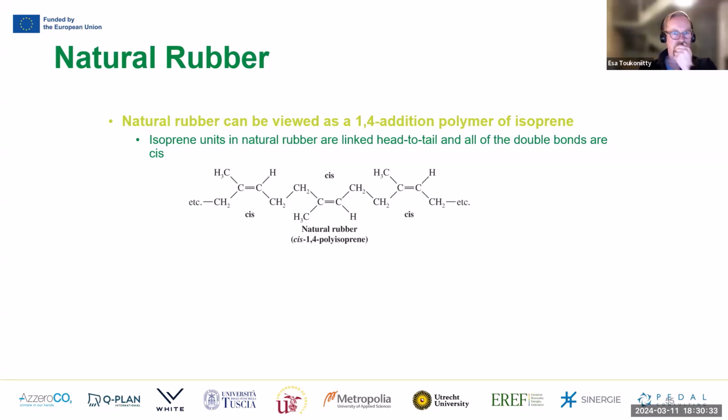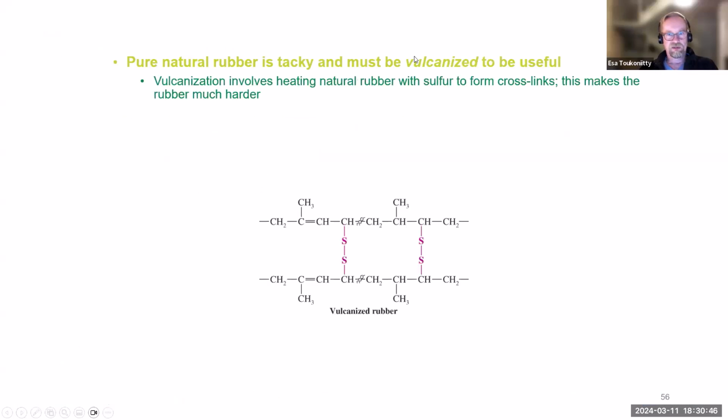And here this polymeric chain is more or less represented. And if you vulcanize it, or make synthetic rubber, you generate sulfur linkages between these different chains.